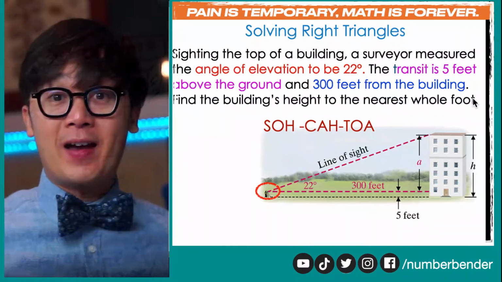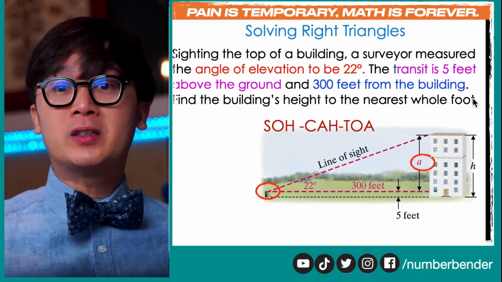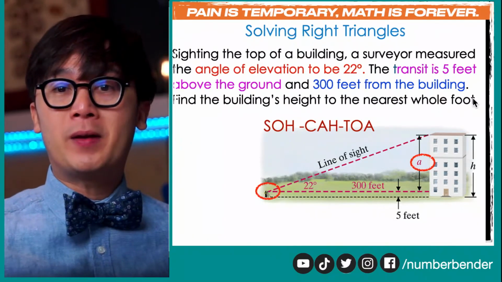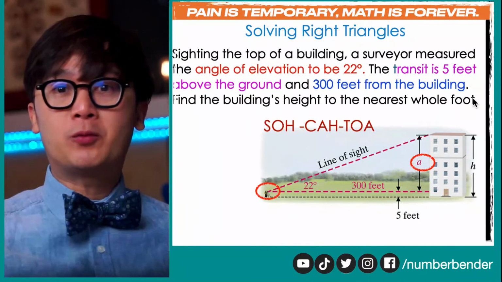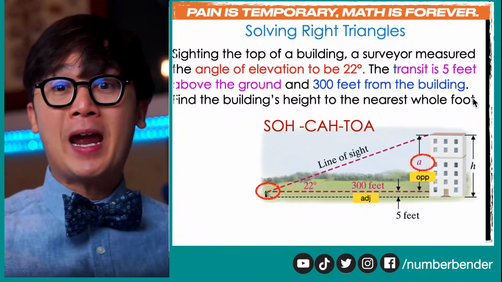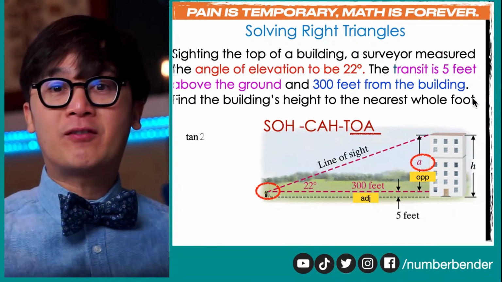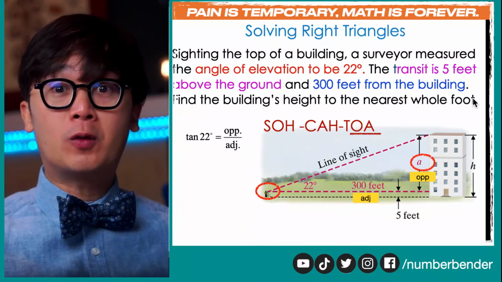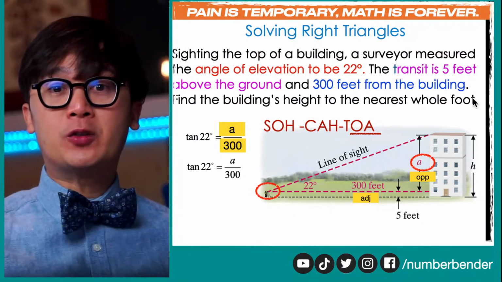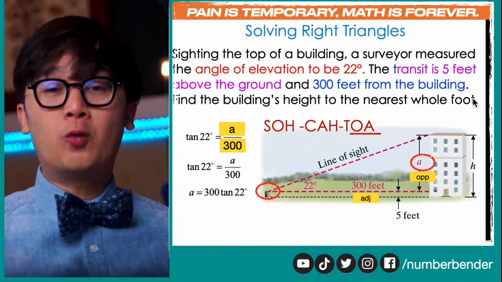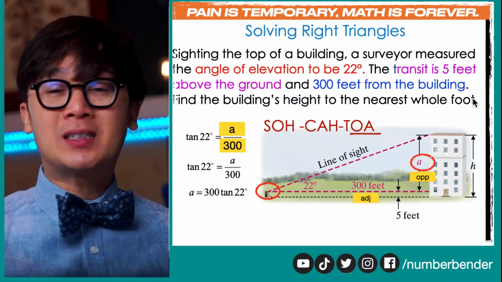So we have this value of our right triangle, but we're not done yet because all we did was find the measurement of the opposite side of our right triangle, but we need to include the transit value, which is 5 feet. We calculated tangent 22 degrees equal to opposite, which is A, over adjacent, which is 300, and using cross multiplication, we formulated our equation for A, which is 300 times tangent 22 degrees.